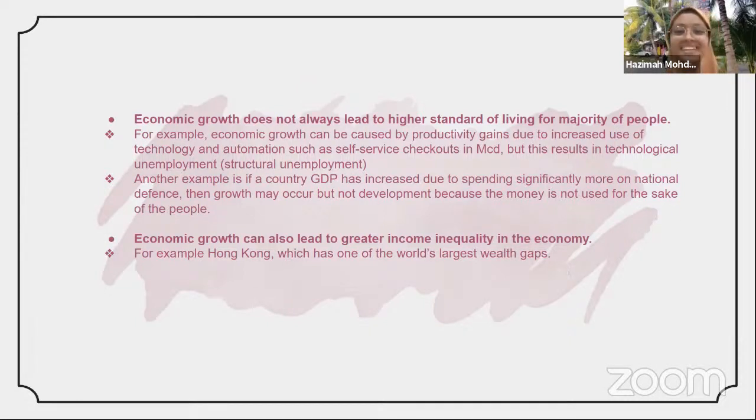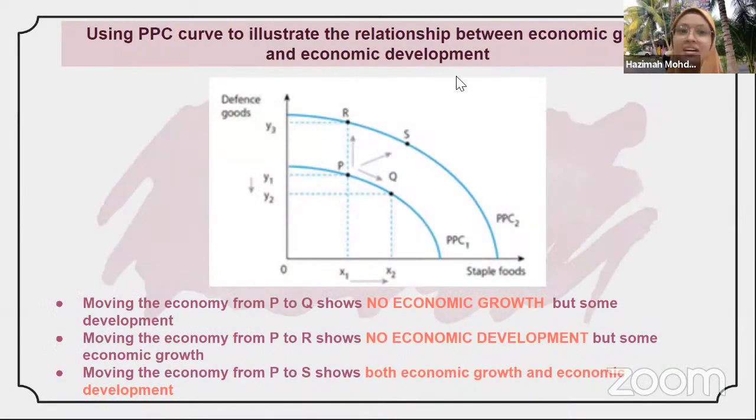Okay. So next, we can also use the PPC curve to illustrate the relationship between economic growth and economic development. Over here we can see there is defense good and staple food. As I mentioned before, with the PPC curve we can show the opportunity cost for both, meaning the quantity of defense good produced and also the quantity of staple food produced.